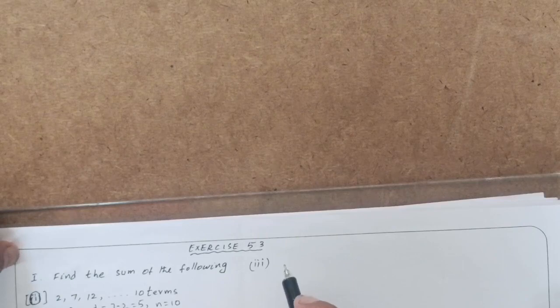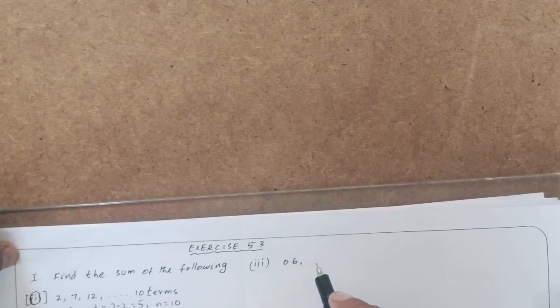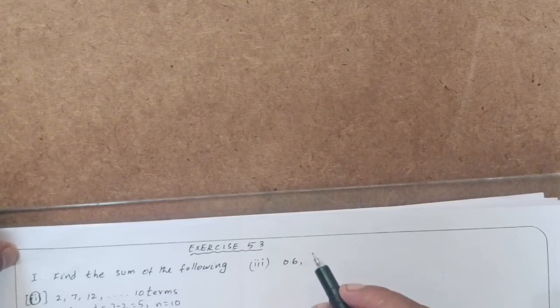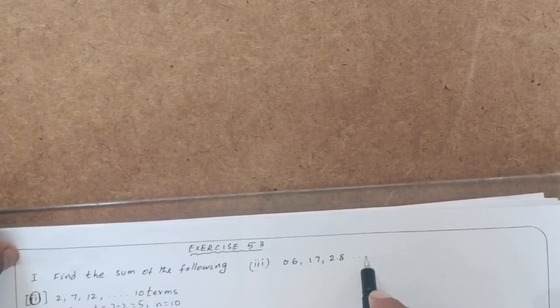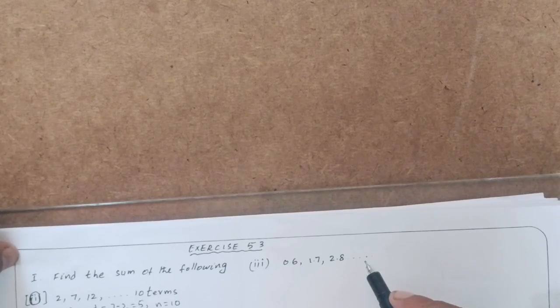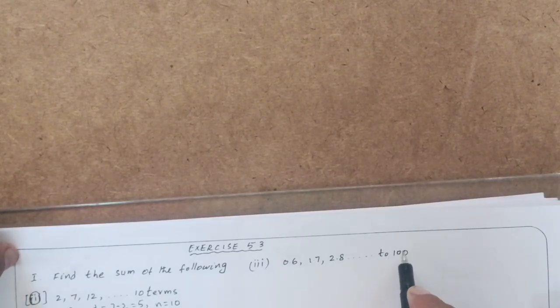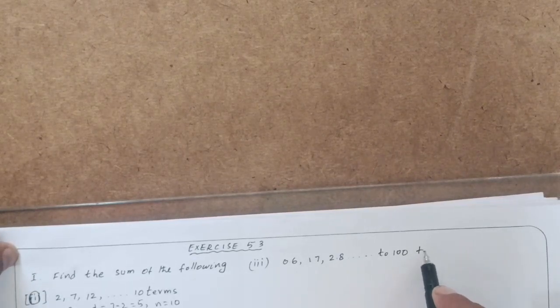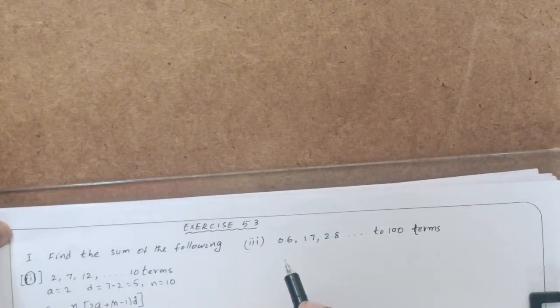Next, the third sum is given: 0.6, 1.7, 2.8, and so on. How many terms? We have to find 100 terms.